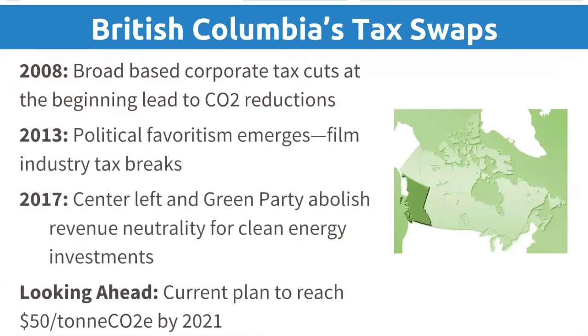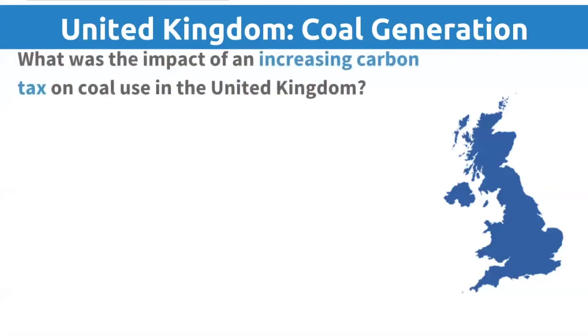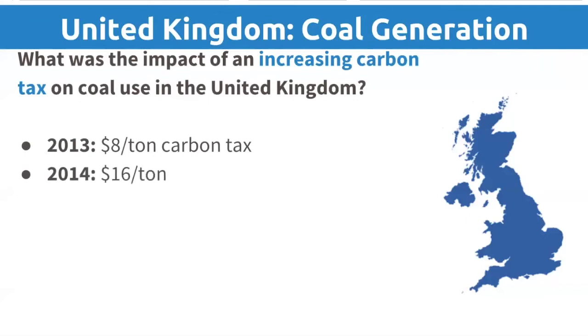The second case in the United Kingdom provides an excellent example of the impact of a carbon tax on behavior and emissions. They imposed a carbon tax, which they called a carbon price floor, on coal and gas for power generation, which caused a 90% decline in coal use over 3 years, from 2014 to 2017. Remarkable.